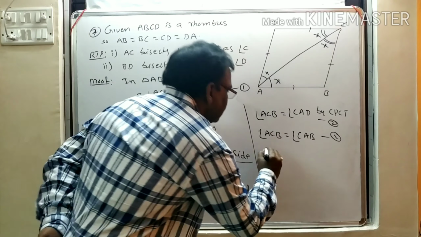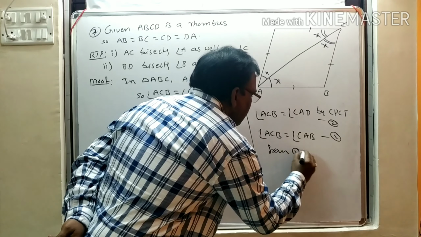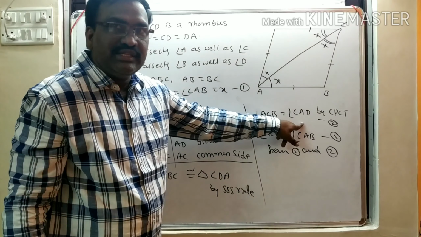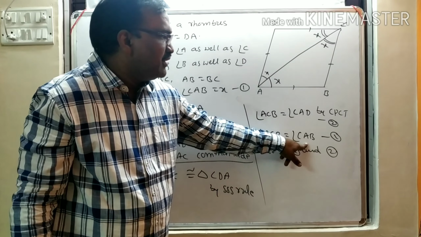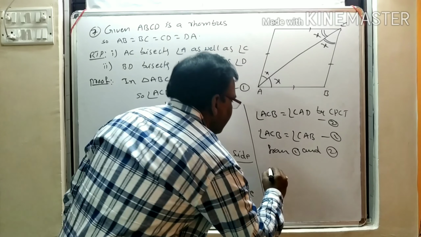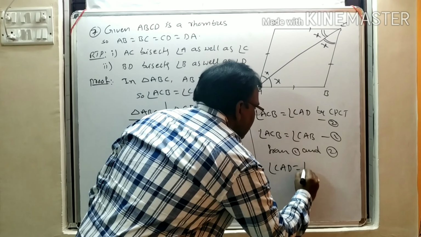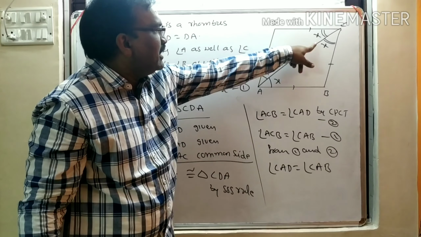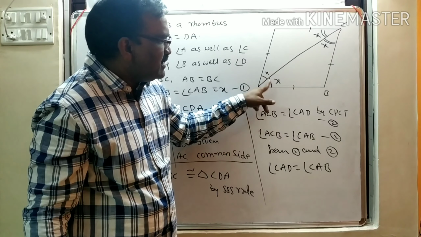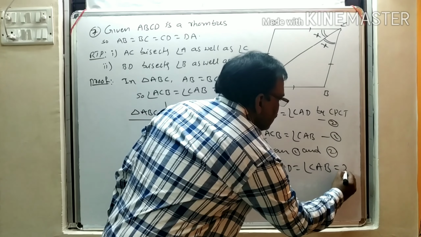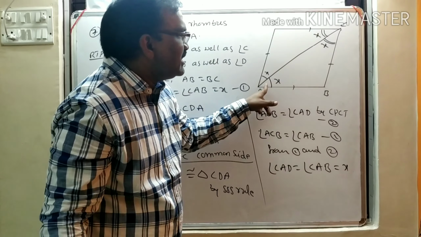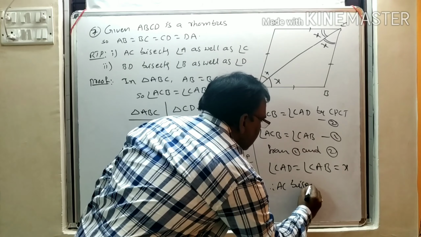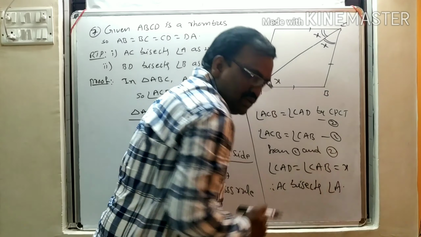From 1 and 2, angle ACB is equal to angle CAD, and angle ACB is equal to angle CAB. We can write angle CAD is equal to angle CAB. So these two angles are equal. Therefore AC bisects angle A.